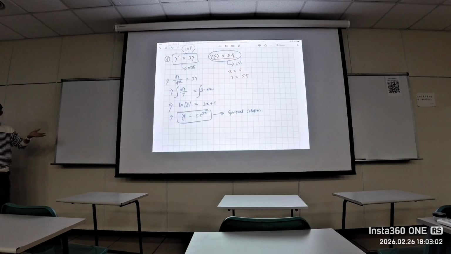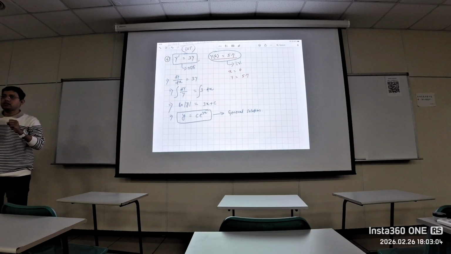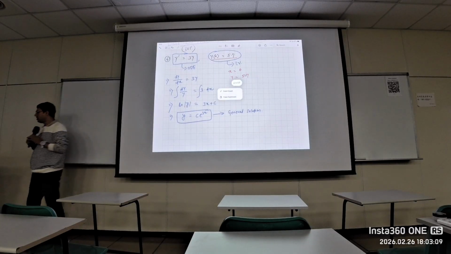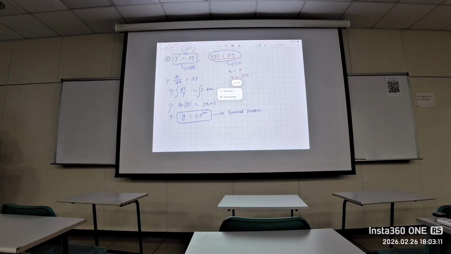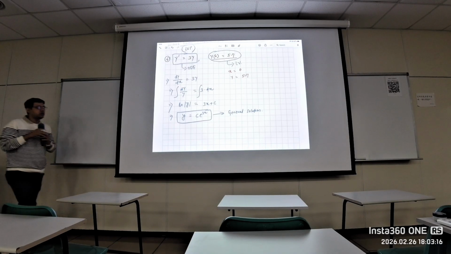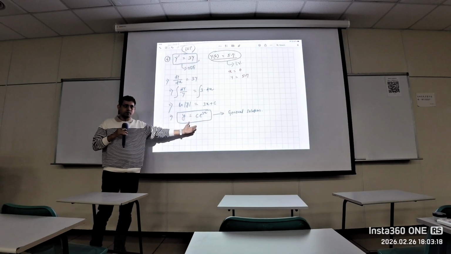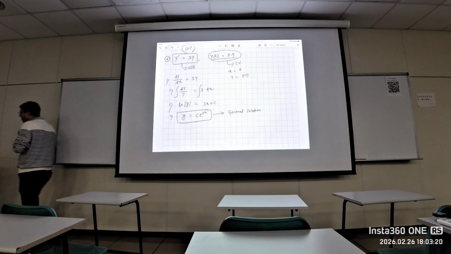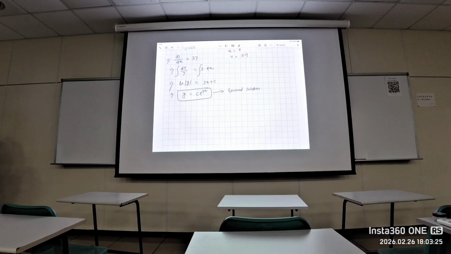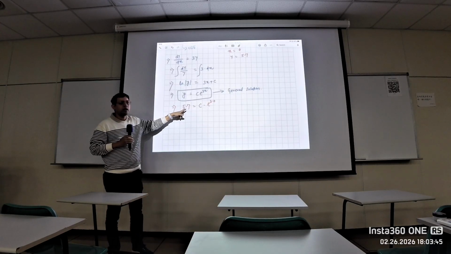That is the initial condition. So I just need to put these initial values in the general solution. In place of y, I write 5.7, and in place of x, 0.